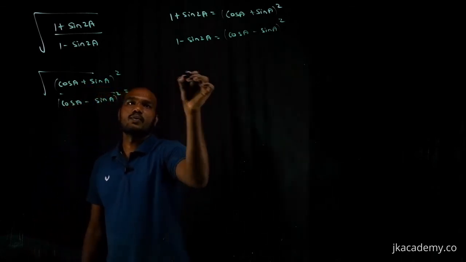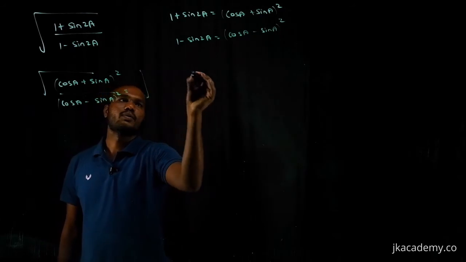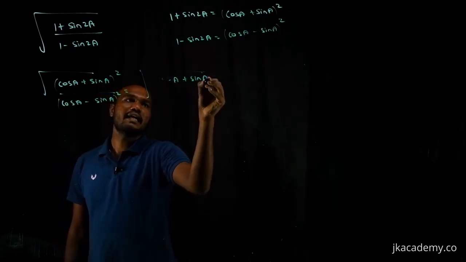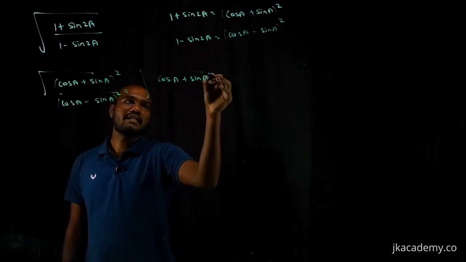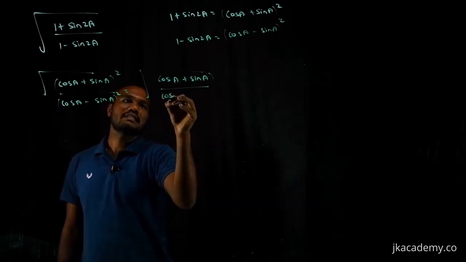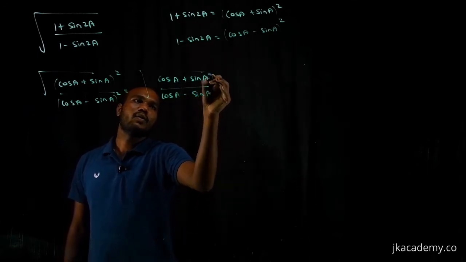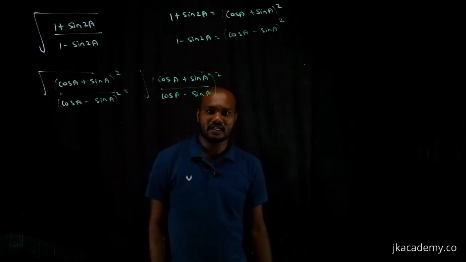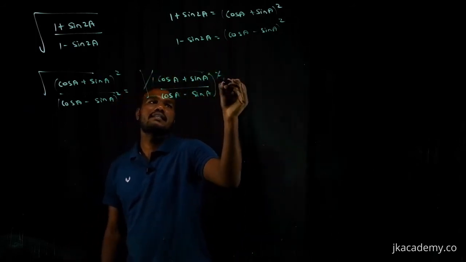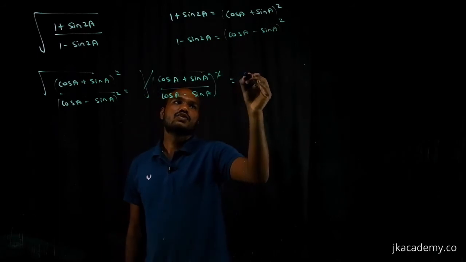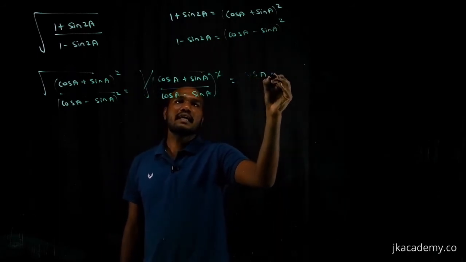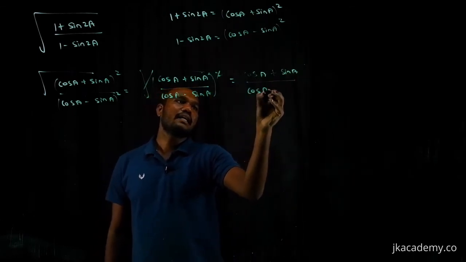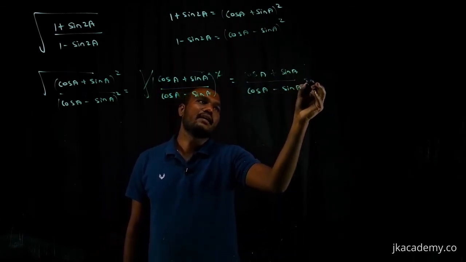So I can just stack root of cos a plus sin a whole square divided by cos a minus sin a whole square, because this square and this square root can be cancelled. So this will be left with cos a plus sin a divided by cos a minus sin a.